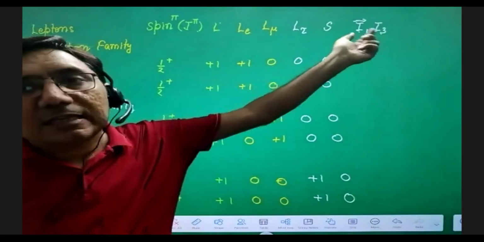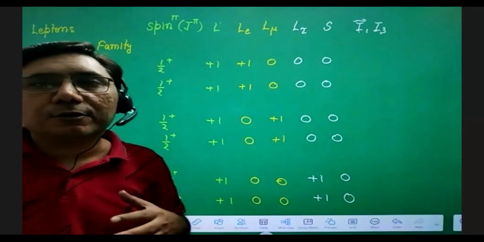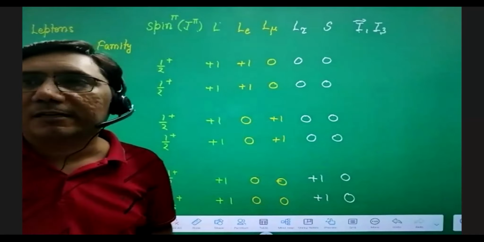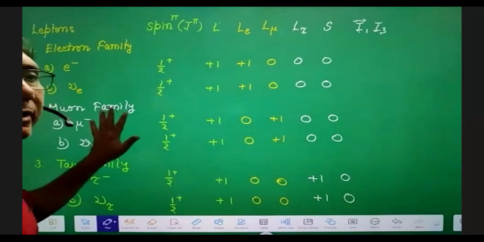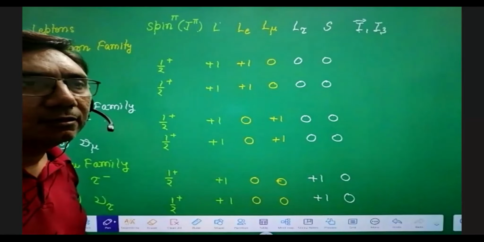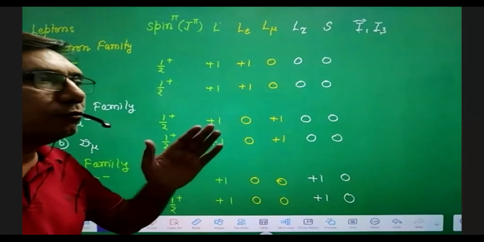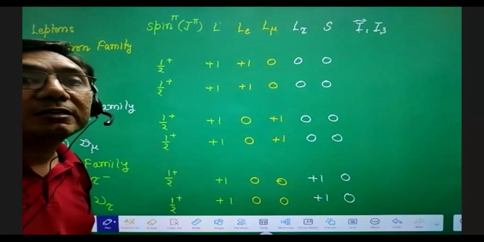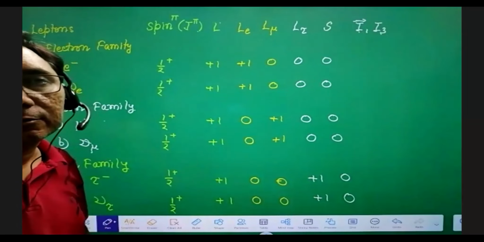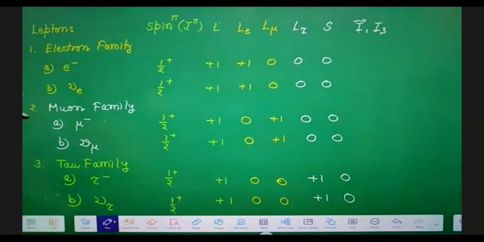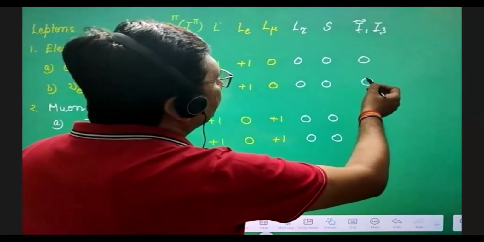But these leptons don't participate in strong interaction. So this number is not for leptons. It is for those particles which participate in strong and electromagnetic interaction. So remember this number will be 0.